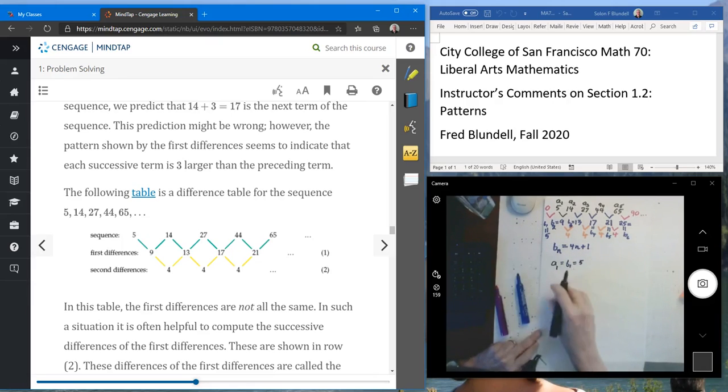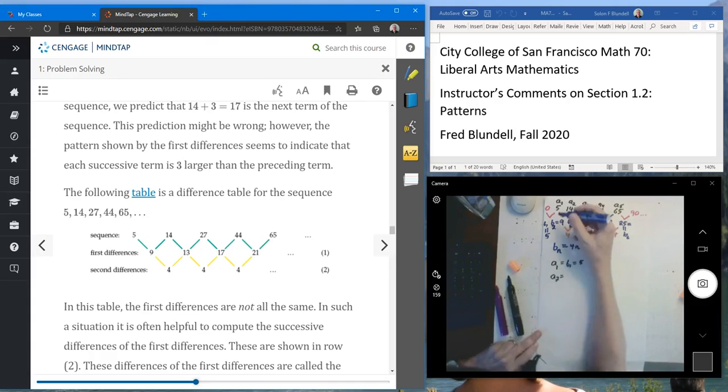Okay, and A2, what is that? It's the B1 plus the B2. See, A1 was just B1, and then you add B2, you add the 9 to make the 14.